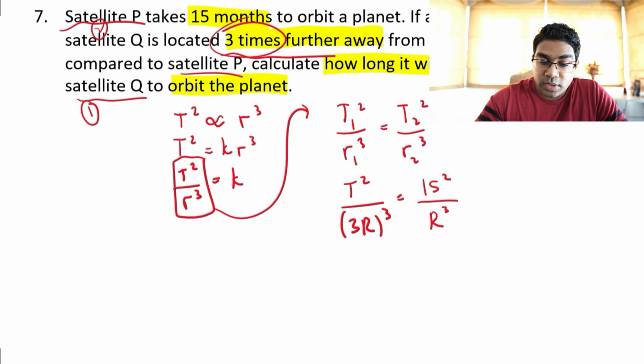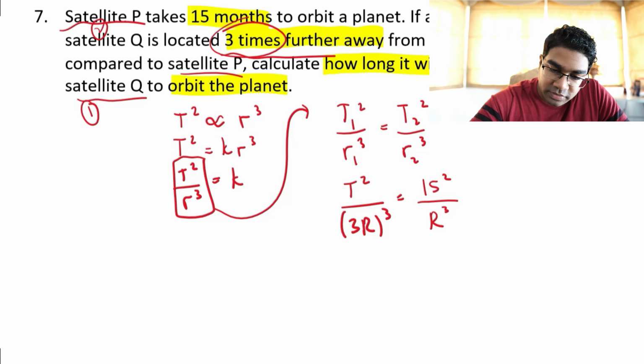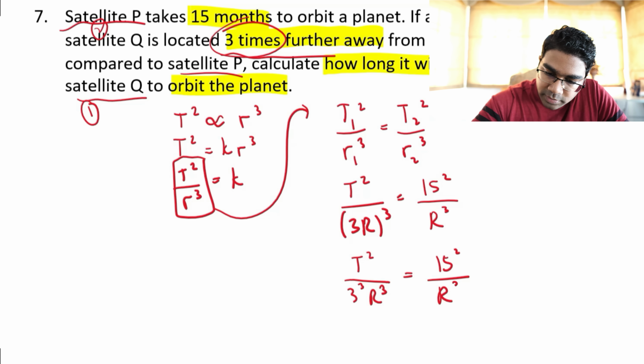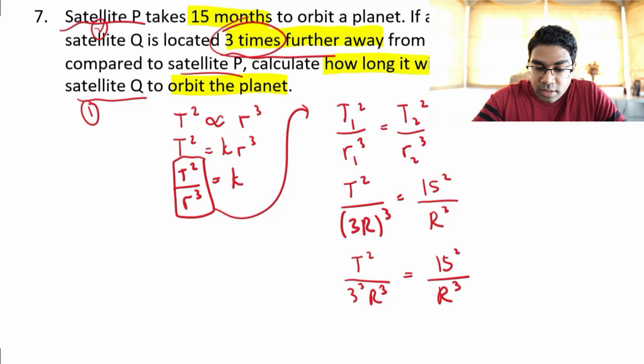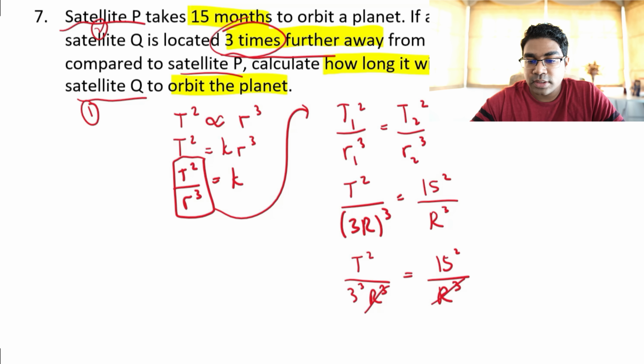And so now we can, let's expand the brackets first. So we have T square over 3 cube R cube equals to 15 square over R cube. So you can see what's going to happen here. Multiply R cube on both sides and we have eliminated R cube.